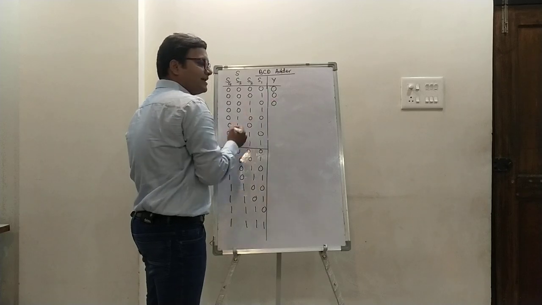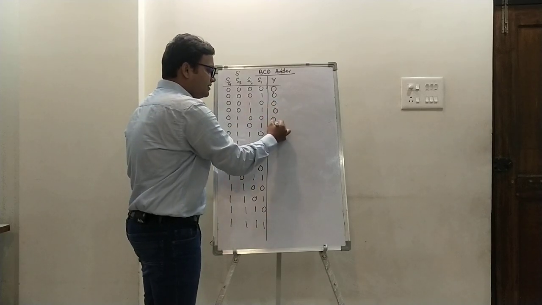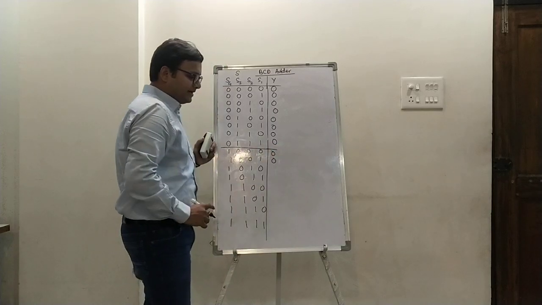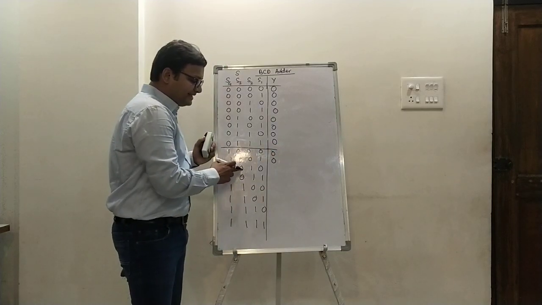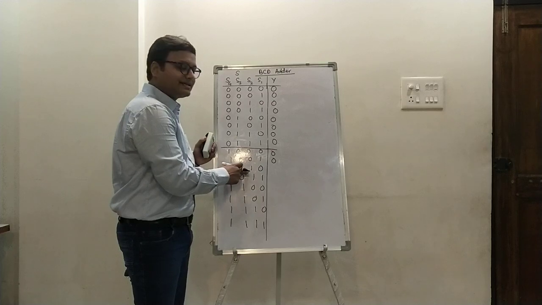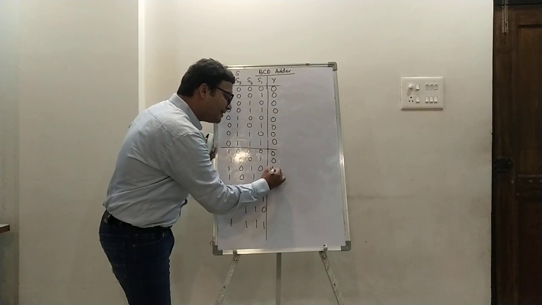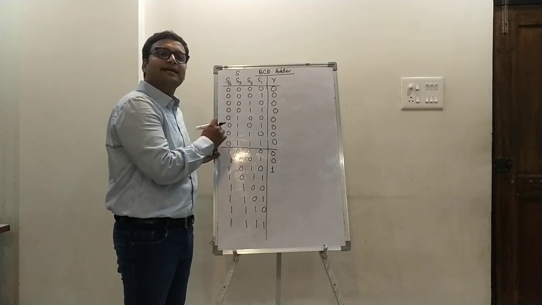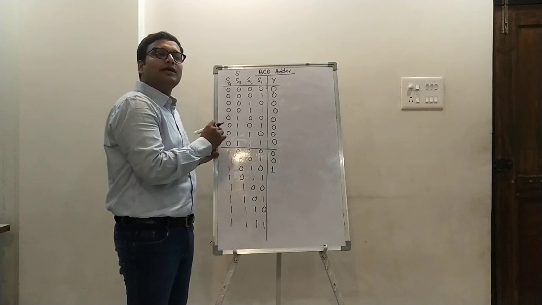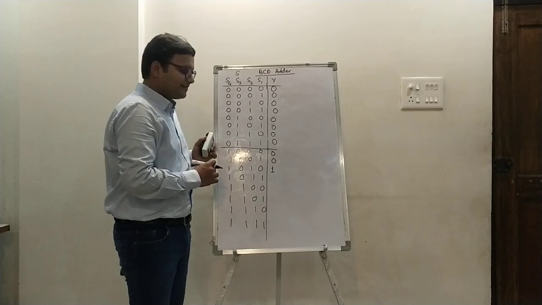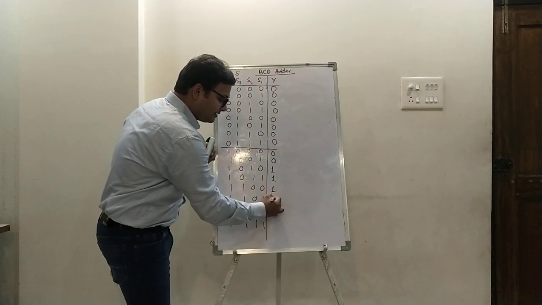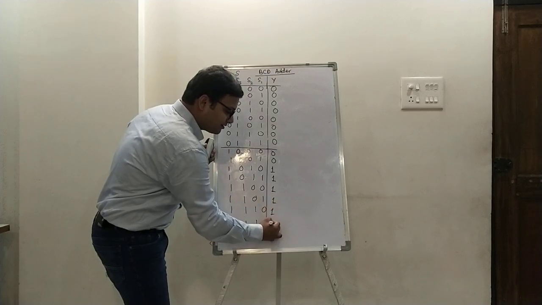This is also less than 9, so the output is 0, and the same for the rest. Now see here, the BCD sum is greater than 9, so the output of the combinational circuit resembles here, to correct the invalid BCD sum into a valid BCD sum. Next, here also, here also, here also.